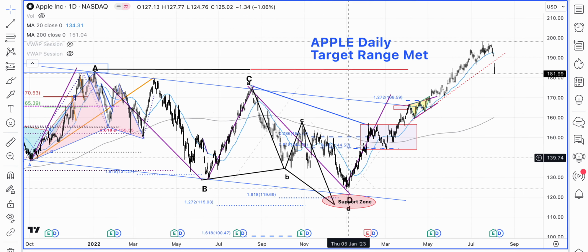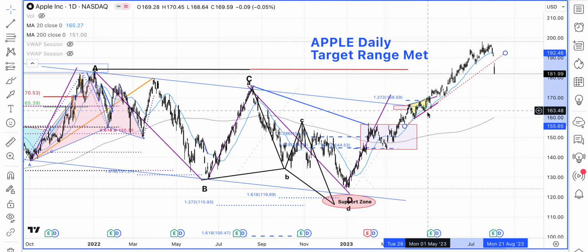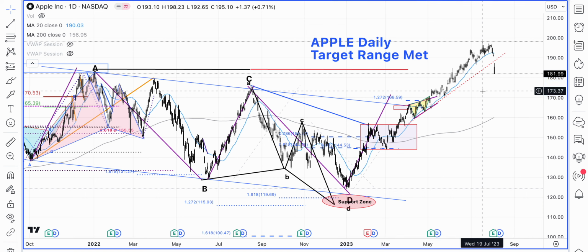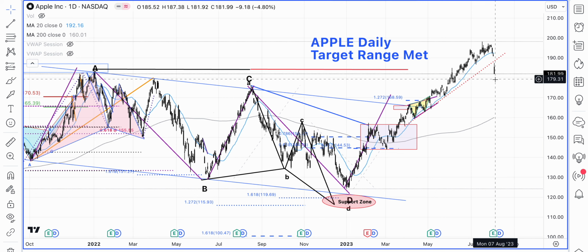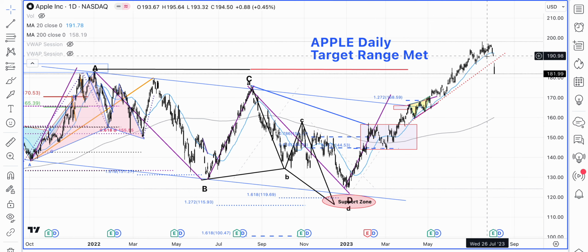Okay, so this is the micro trend line that I was talking about. It had served as nice support around here, here, and here, and last Friday the price action actually took it to the downside. The other thing to notice is, from a momentum perspective, the price closed not only below this micro trend line but also below the 20-day moving average.